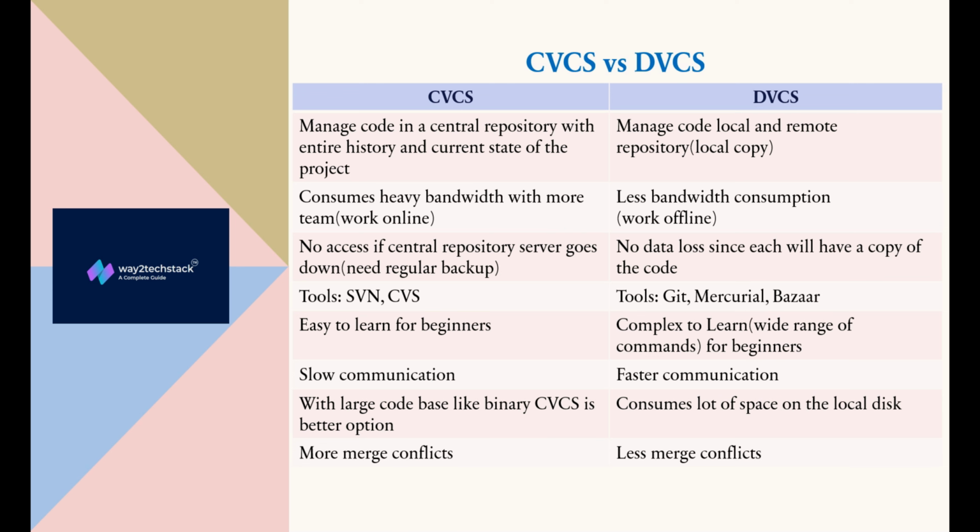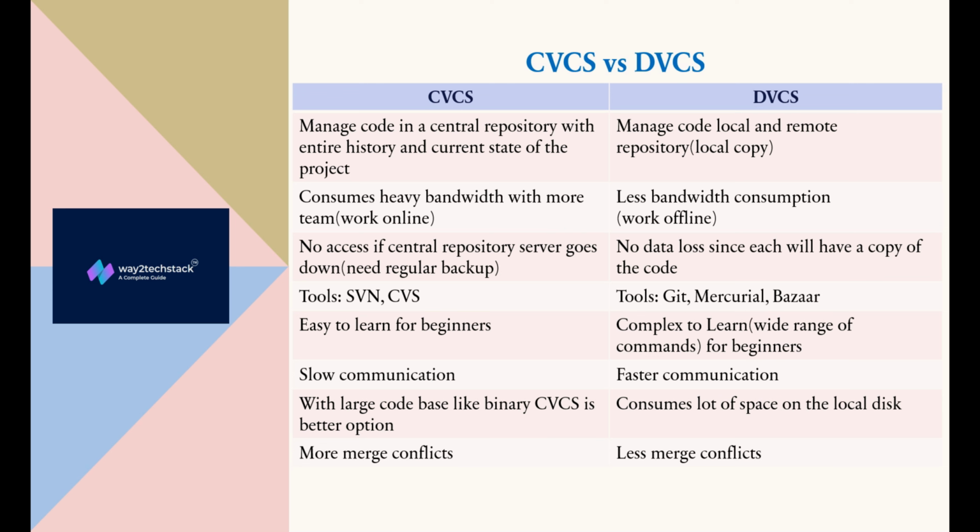Slow in communication and faster in communication, as we discussed. If your bandwidth is not properly utilized, that will affect your commits and updates on CVCS, which will slow down the communication. Whereas in DVCS, the communication is much faster between the local repository and the remote repository for a push or a pull.